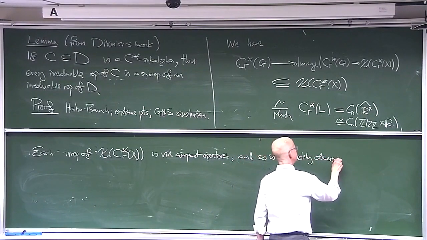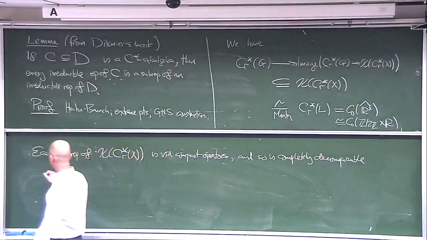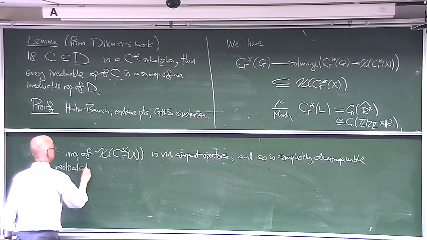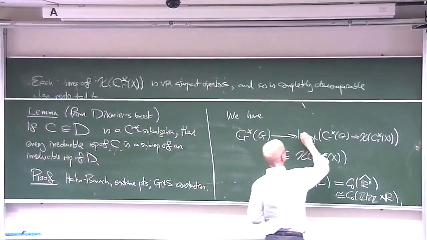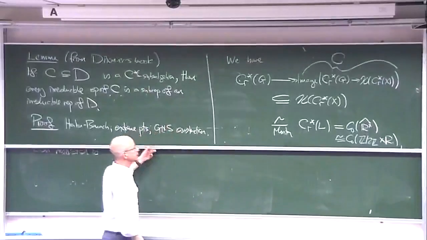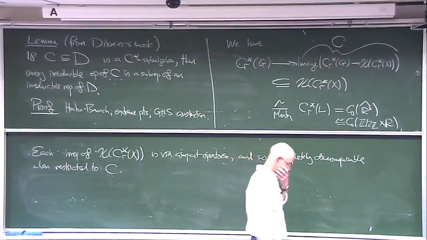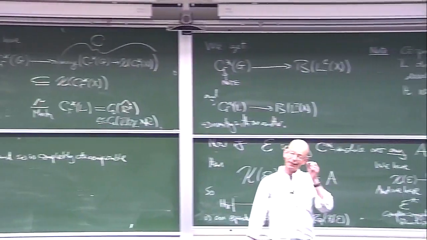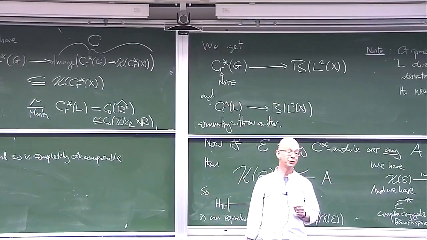And so it's completely decomposable when you restrict to this. In fact, what happens is that in every example except for one, the representation remains irreducible when you do the restriction.